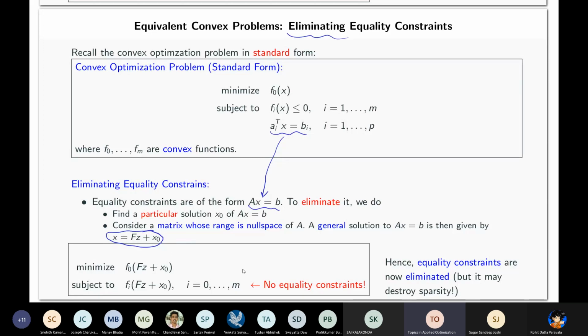So there is a linear algebra approach where we can eliminate the equality constraints. So these equality constraints can be removed, and we are only left with inequality constraints here.